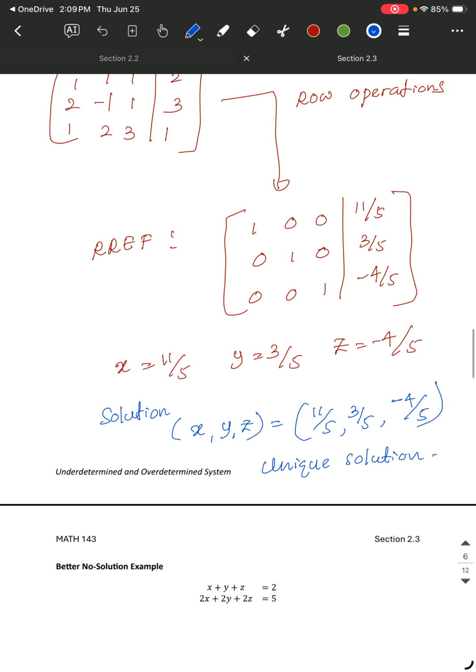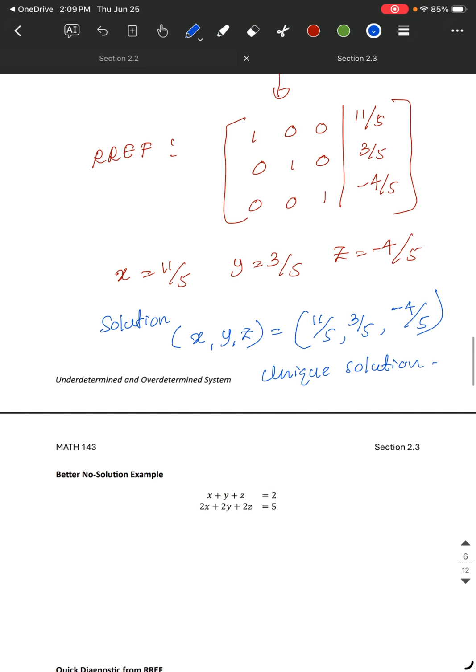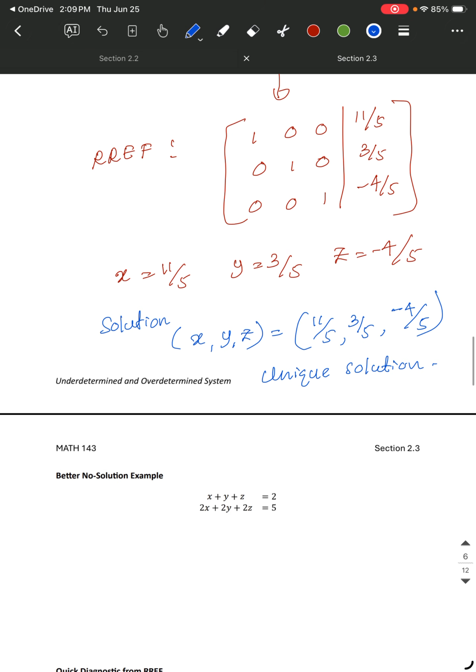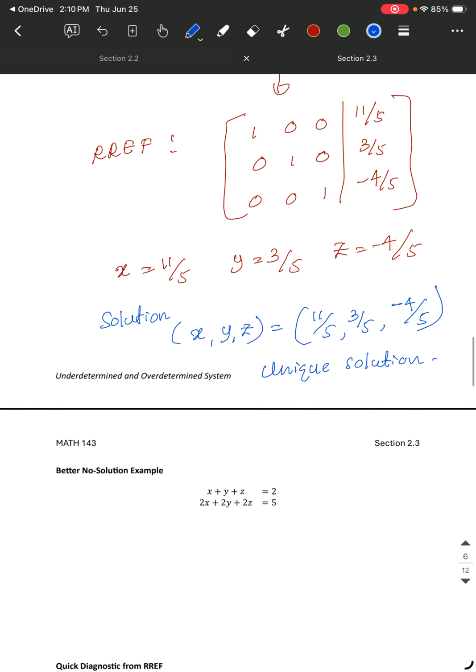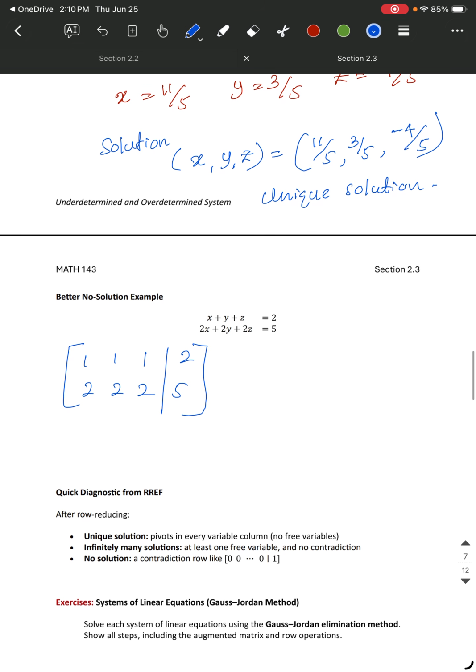Okay. Let's go for one more exercise. Here, write down the augmented matrix: 1, 1, 1, 2; 2, 2, 2, 5. What happened after performing the row operations?